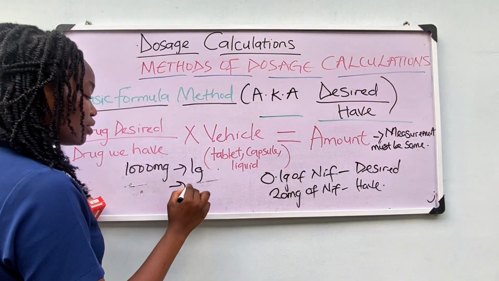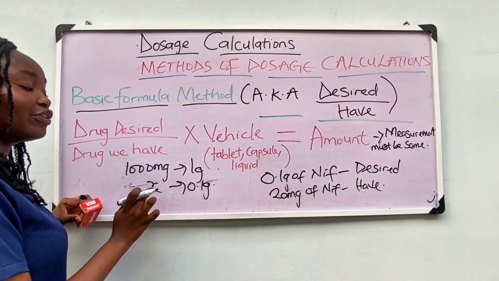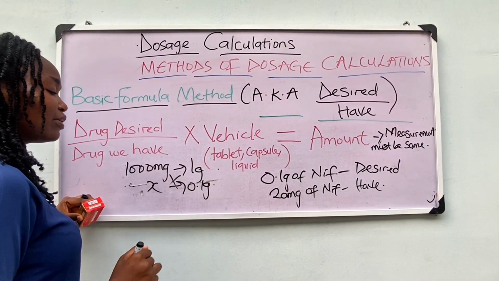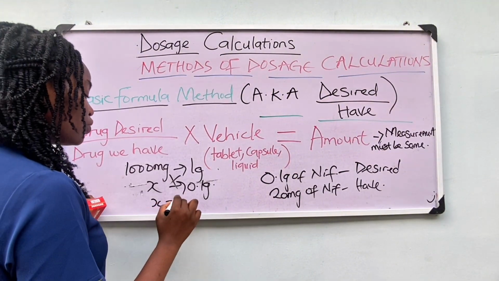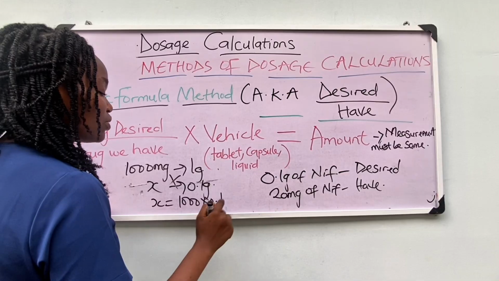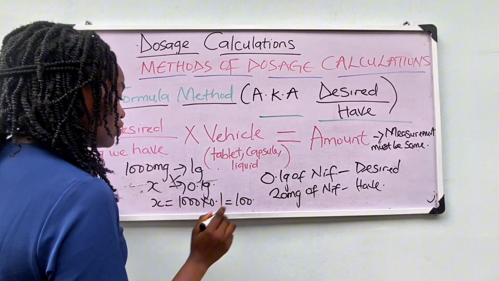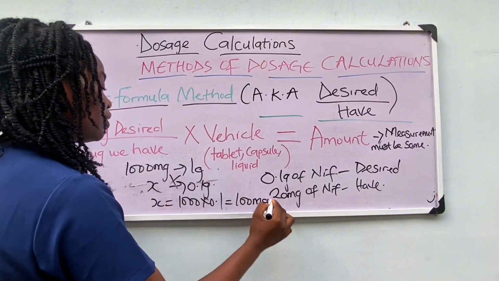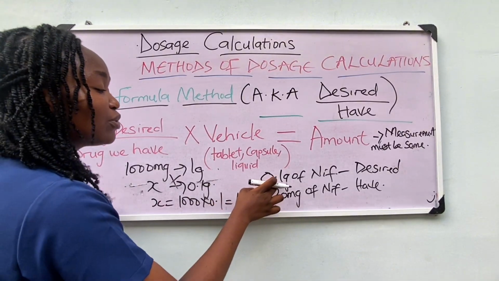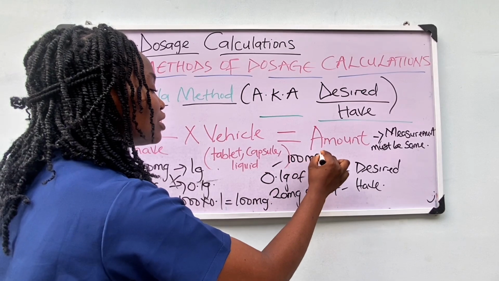So we have 0.1 gram here, and x because we're looking for milligram. When we cross multiply, x becomes 1000 times 0.1, which is 100. That gives us 100 milligram. So 0.1 gram becomes 100 milligram.